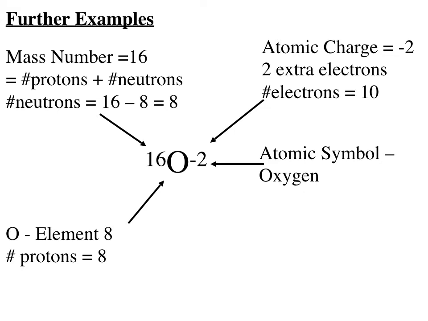Since this right superscript is -2, that means there is an excess of 2 negative charge particles in the isotope. So there are 2 extra electrons compared to the number of protons. Since this particular isotope has 8 protons, it must therefore have 10 electrons in order to have a -2 net charge.